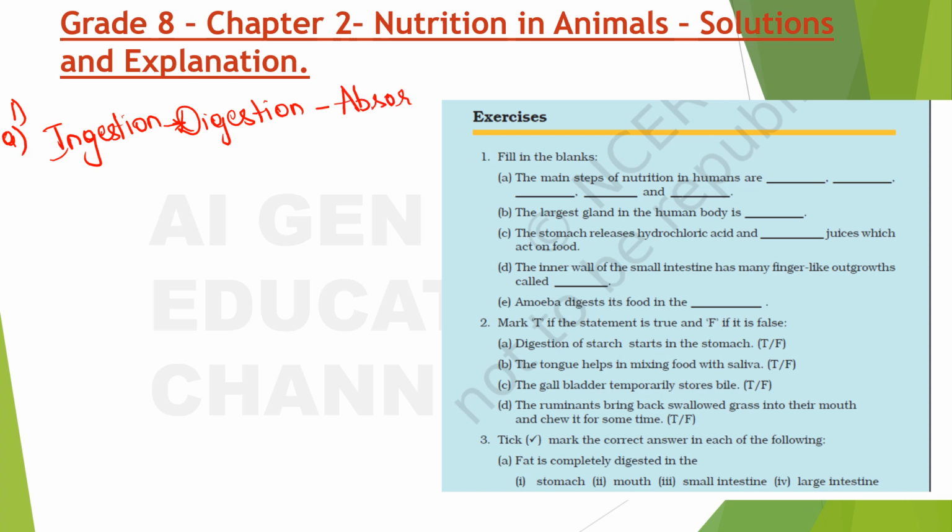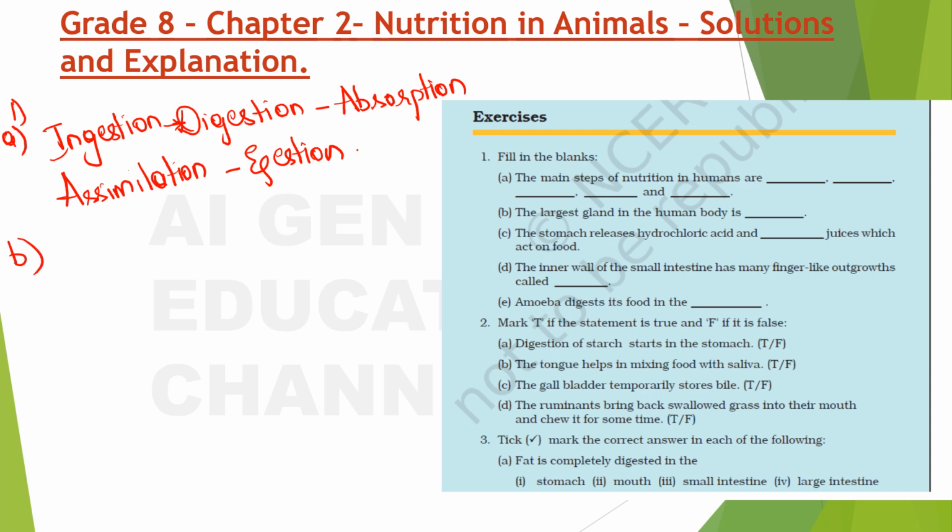It means absorption of nutrients by our body, and then comes assimilation. What is assimilation? Assimilation means conversion of these nutrients into energy, and then comes egestion. It means throwing out the waste from the body, right? So these are the steps that are involved in the nutrition, right?